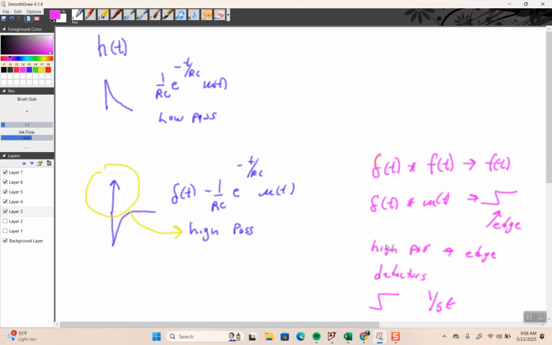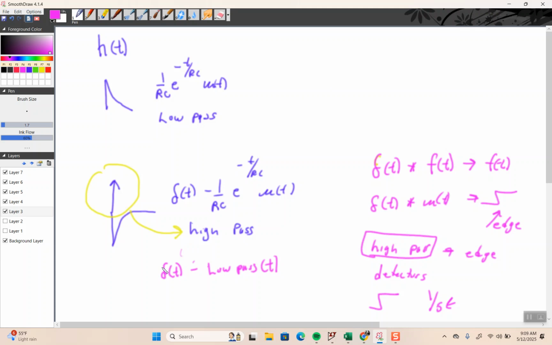So this edge passes infinite frequency, it passes high frequencies, and then of course you're subtracting the low pass T. This is the low pass.